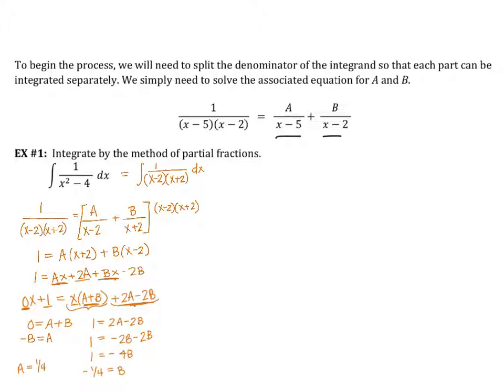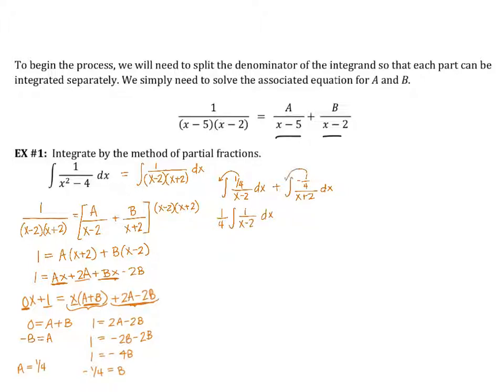Using our values, we have the integral of, and notice A was a positive 1/4, so 1/4 over x minus 2 dx, and then plus the integral of negative 1/4 over x plus 2 dx. When I integrate those, we can move that 1/4 out and integrate 1 over x minus 2 dx.